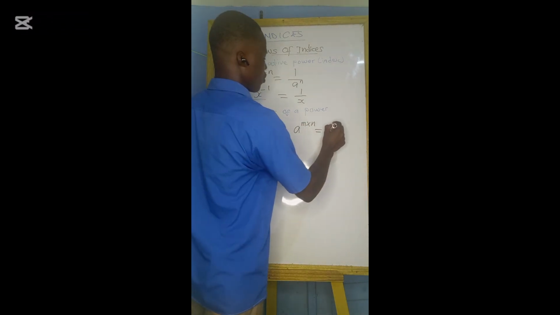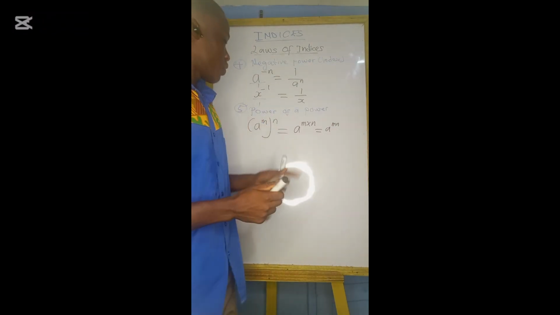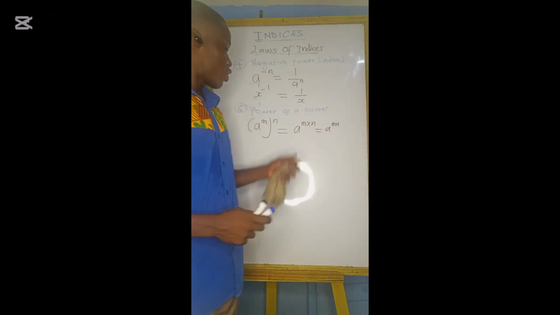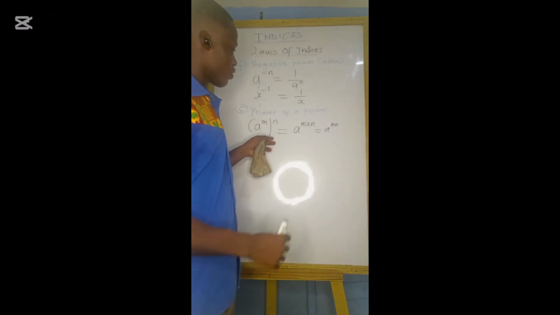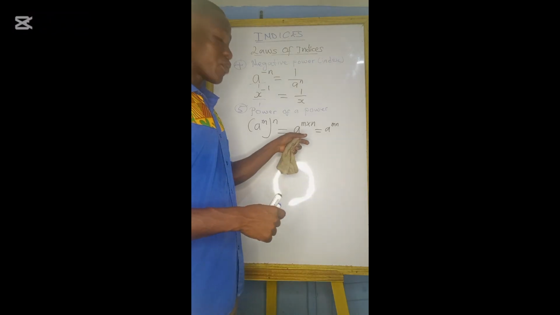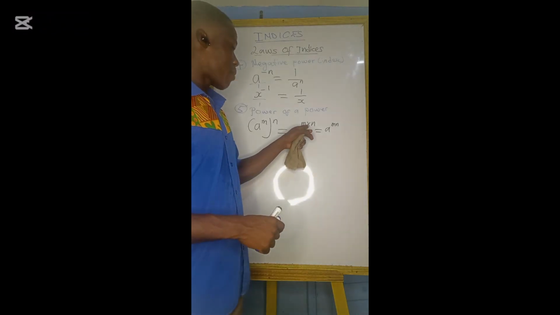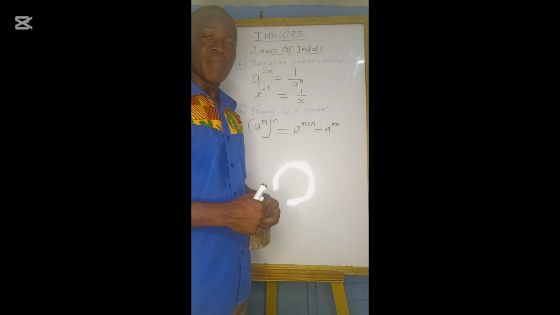Now it will give us a raised to the power mn in mathematics. So here we are having a raised to 2 different exponents, m and n. So the result of this is by multiplying the exponents, which are the powers, together. And that is what we did here, and we got a raised to the power m multiplied by n. And that is the same as a raised to the power mn in mathematics.